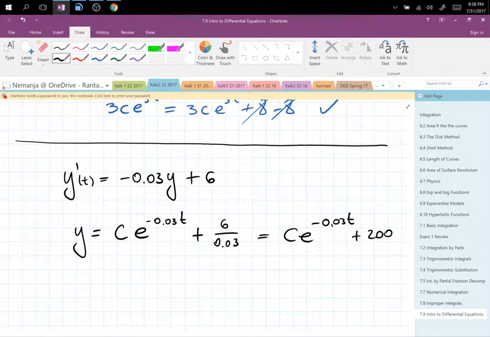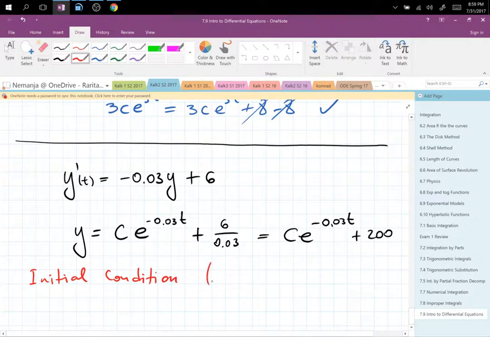Now, what I have is the initial condition. This is new. Pay attention. Initial condition says that y of 0 equals 0. This means that at the beginning of time, t equals 0, there was 0 drug in the system.